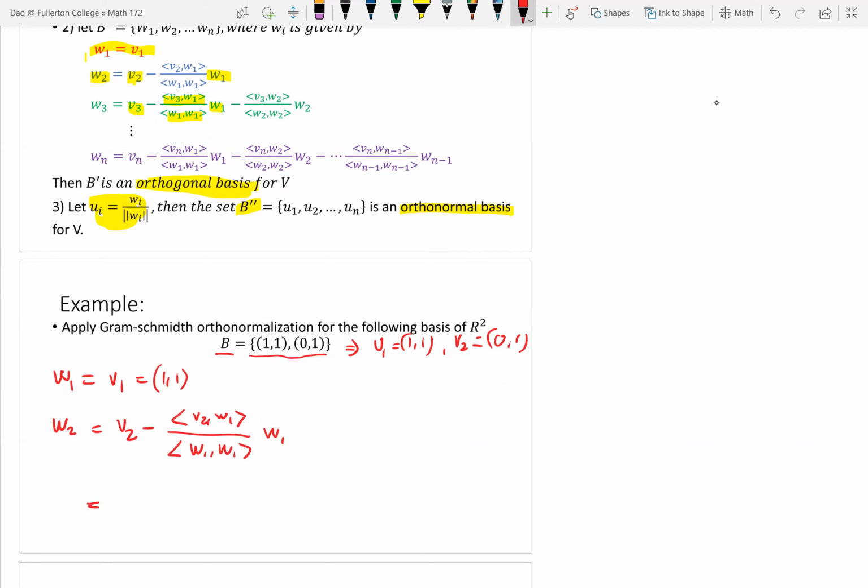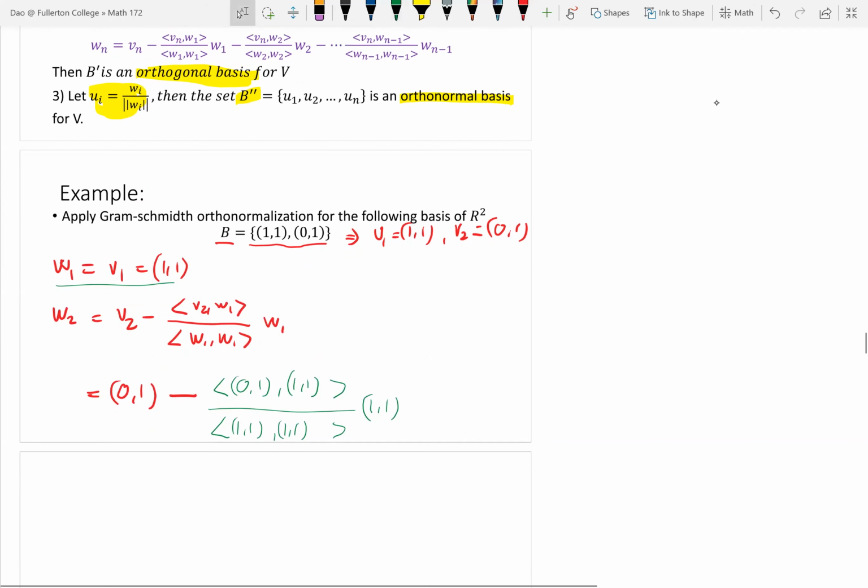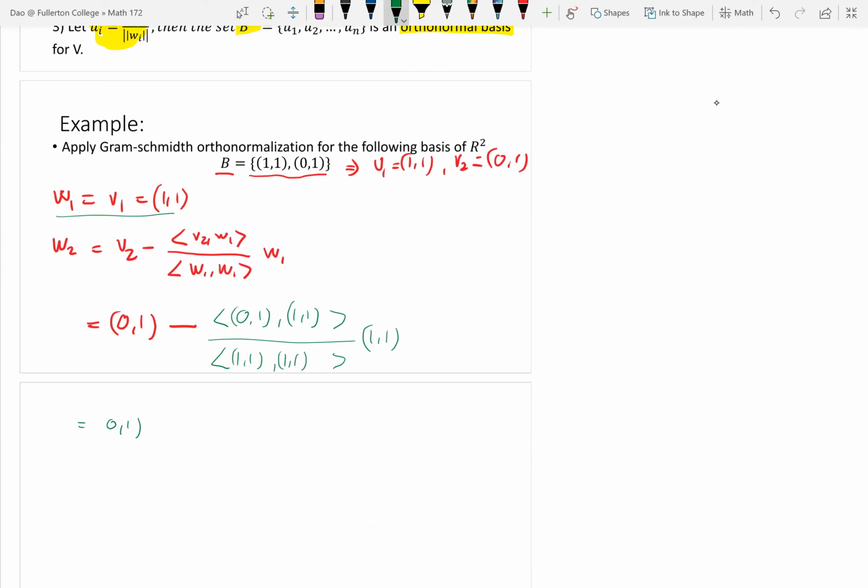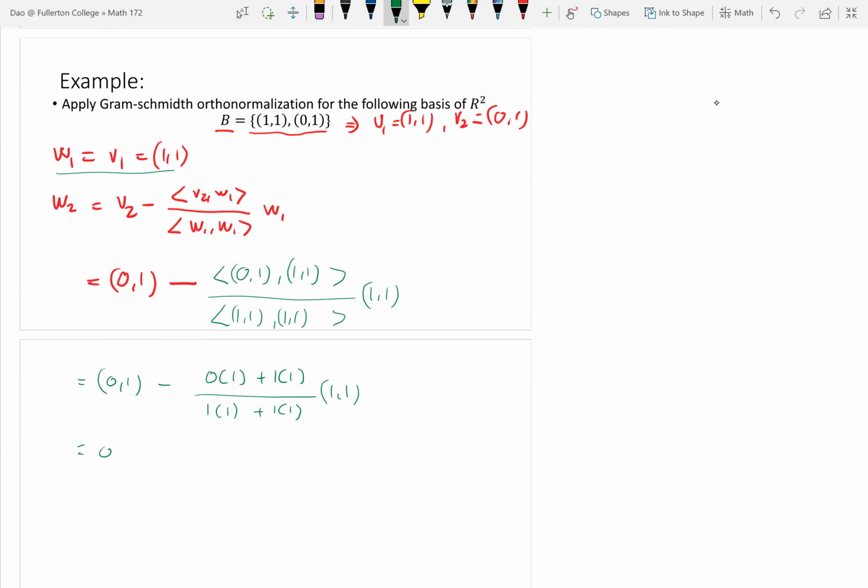So V2 is (0,1) minus the inner product of (0,1) and (1,1), because W1 is the same as V1, divided by the inner product of (1,1) and (1,1), times (1,1). Simplifying, this becomes (0,1) minus (0 times 1 plus 1 times 1) divided by (1 times 1 plus 1 times 1), times (1,1).